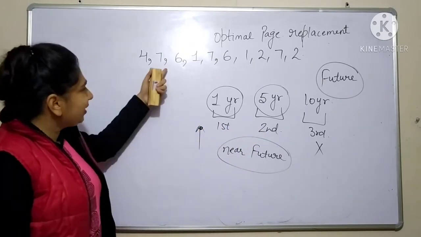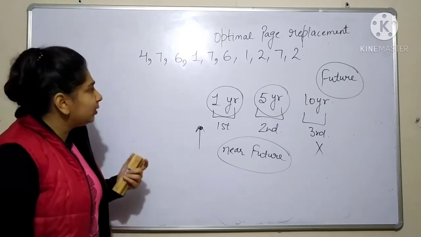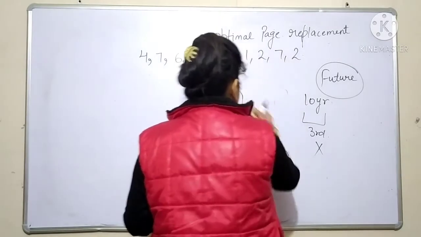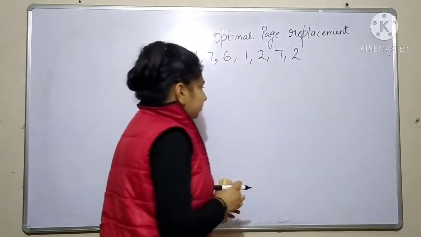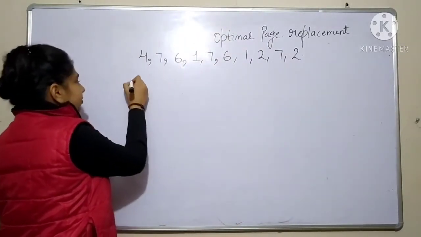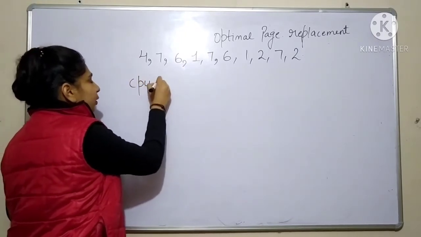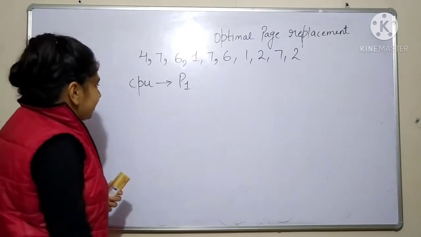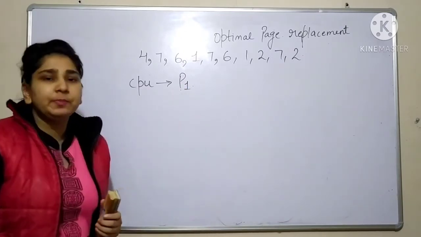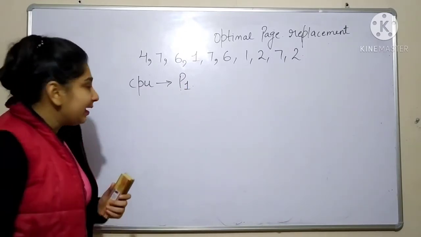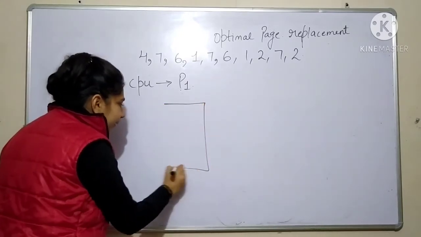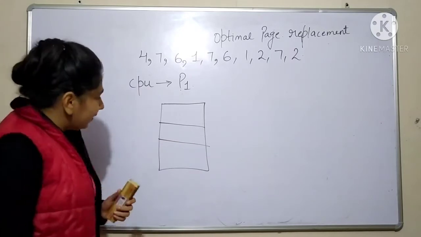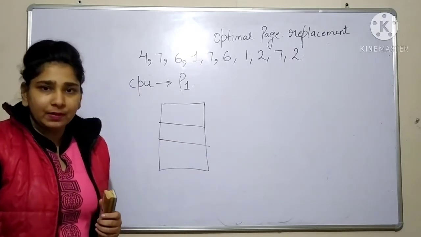Let me give you one example so that you can understand it better. Let's suppose your CPU is executing process P1, and I have allocated 3 frames to process P1 in the main memory.